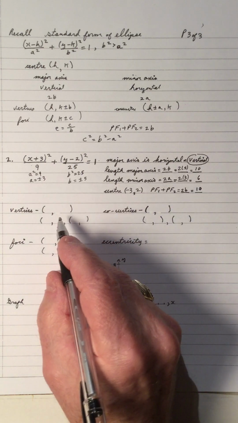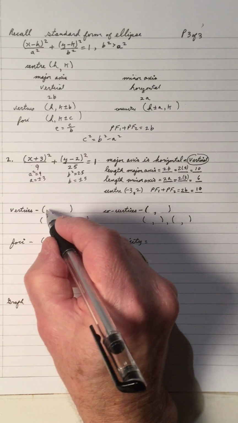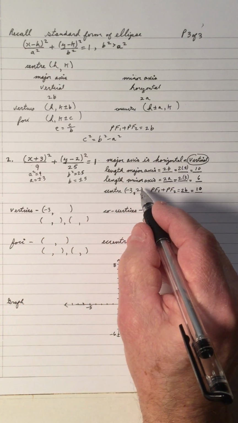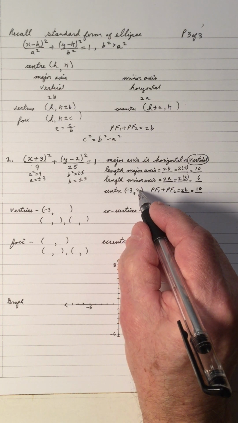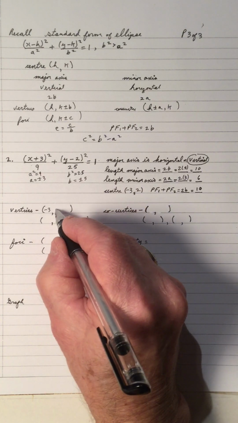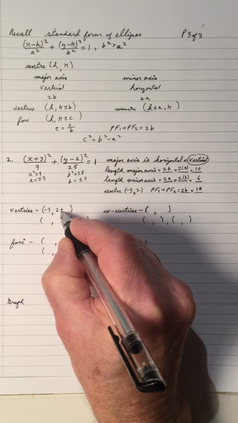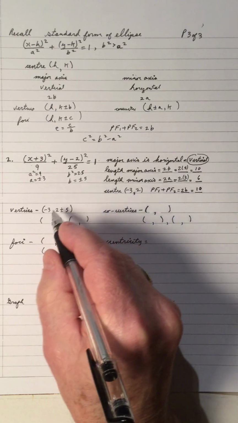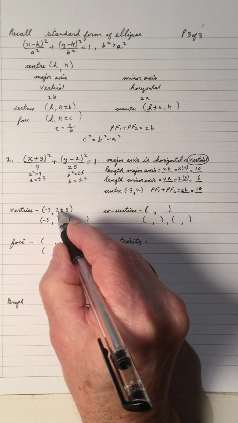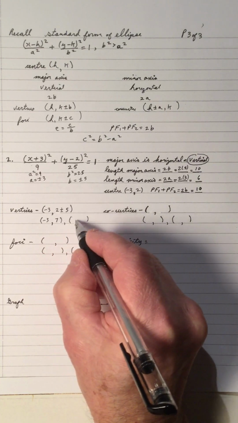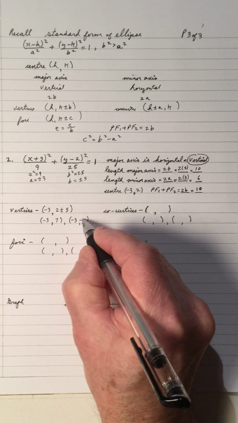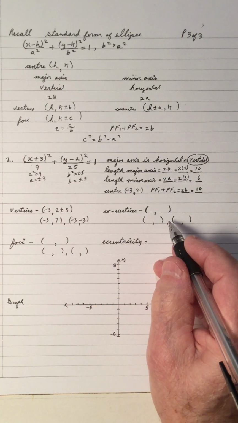The vertices are on the major, so we have (-3, 2), and the vertical is added to the y, so it's 2 plus or minus the b value, which is 5. So it's (-3, 7) and (-3, -3), since 2 minus 5 is negative 3.